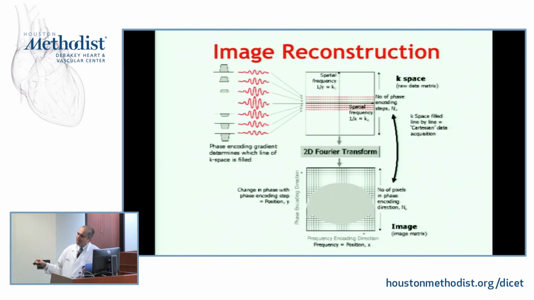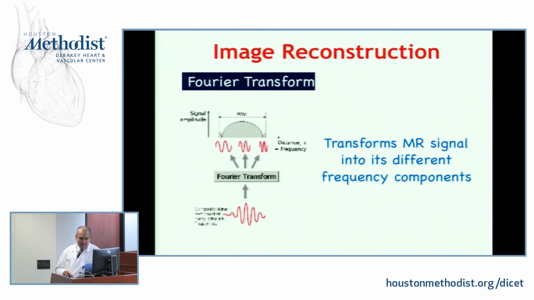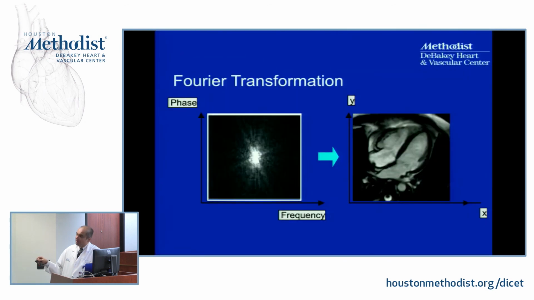That information can then be plotted in what we call K-space, and then a mathematical transformation called a Fourier transformation occurs, which allows you to go from this phase and frequency information to generate an actual image. So we're not imaging a portion of an image; rather, every line of K-space somehow contributes to the formation of the image in one way or the other.